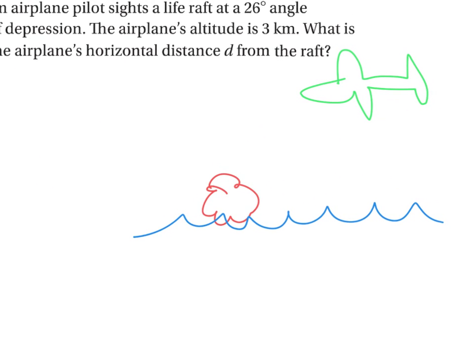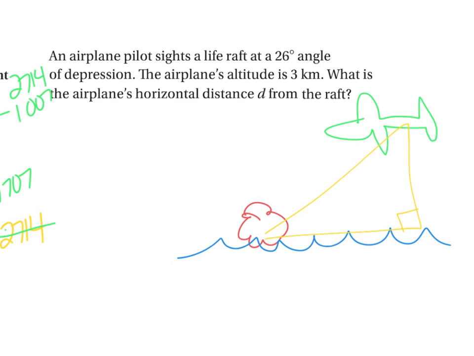All right, so we have our right triangle. It goes like this. And what do they tell us about this? Well, we have an angle of depression, so that's going to be on the outside of the triangle, so that's going to be 26 degrees. It says the airplane's altitude is 3 kilometers, so that would be right here. That's 3.